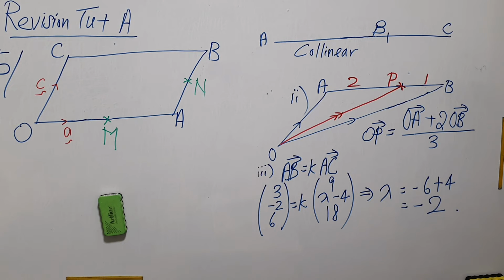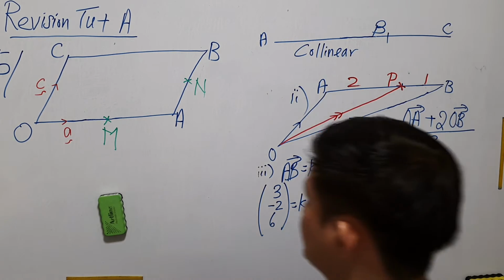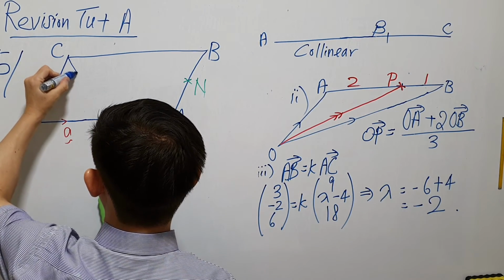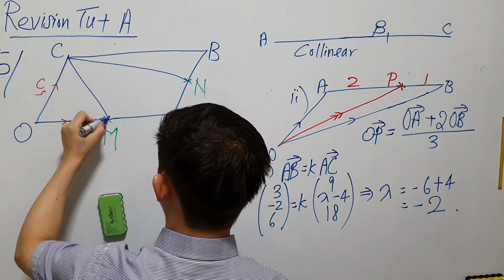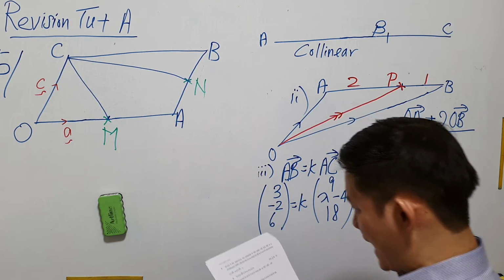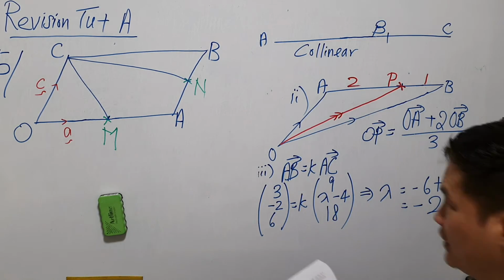And then you are told about CM and CN, like that. And then they talk about the diagonal OB.